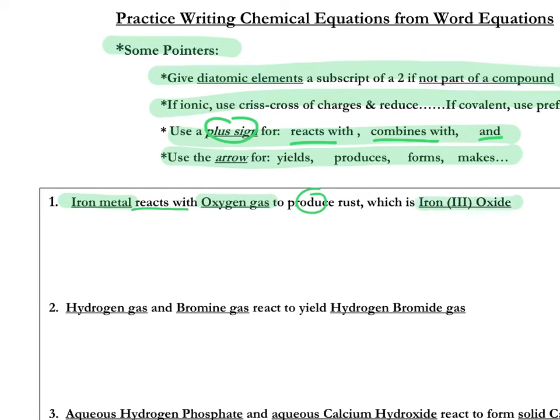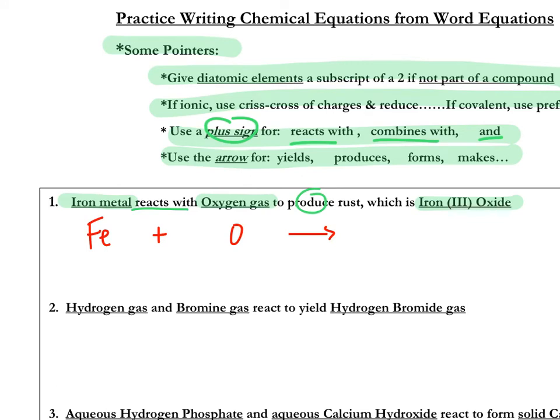All right, so iron metal is Fe. Reacts with, so that indicates that there's a plus sign, oxygen gas to produce rust, which is iron 3 oxide.